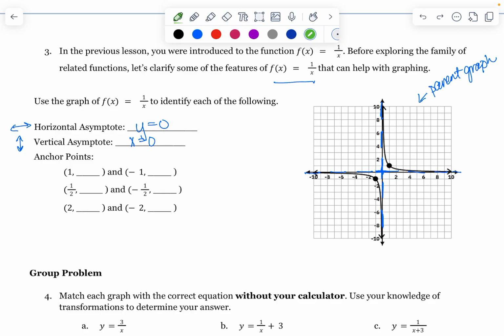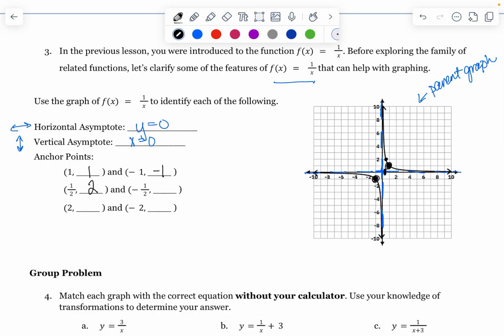Our anchor points are the main points that will help us graph. At 1, the y value of this point is positive 1. At negative 1, the y value is negative 1. At 1/2, I go up, and it looks like I hit my graph right at 2.